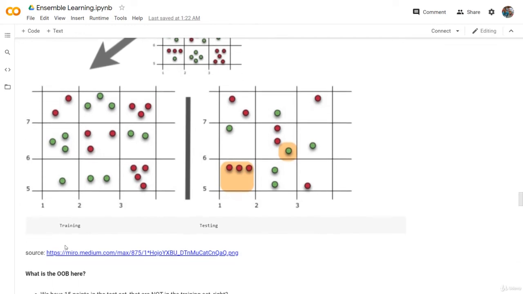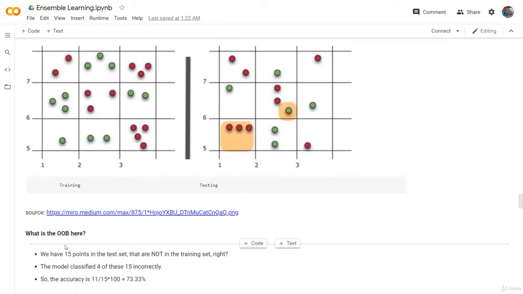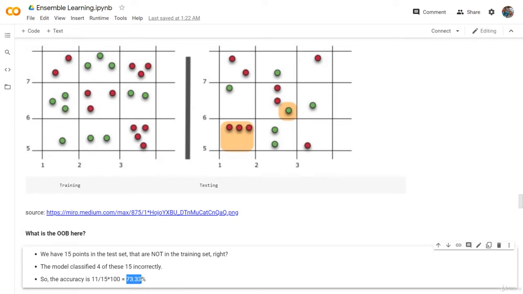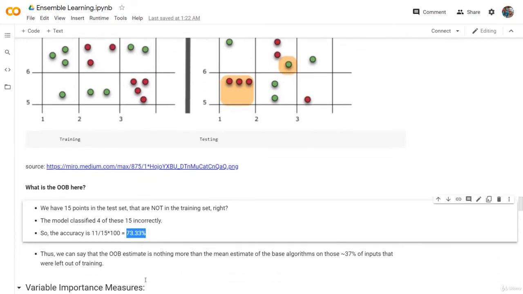In this case, for the out-of-bag error, we have 15 points in the test data, and they are not in the training data. The model misclassifies 4 out of these 15. So the accuracy is 11 over 15 times 100, or basically 73.3. This is how we calculate the out-of-bag error.